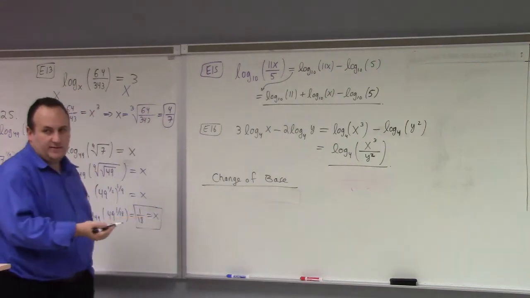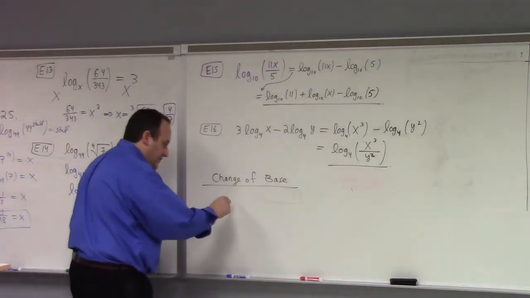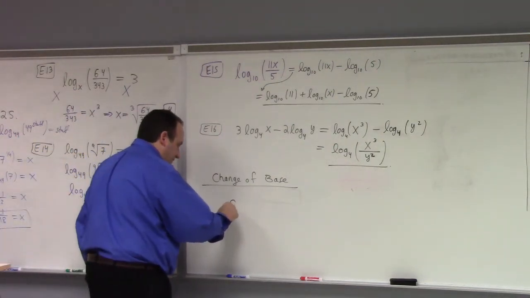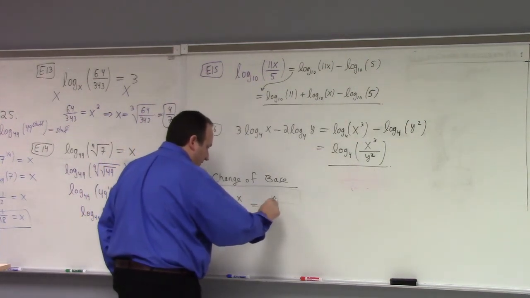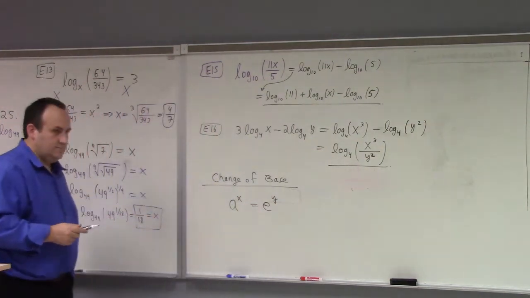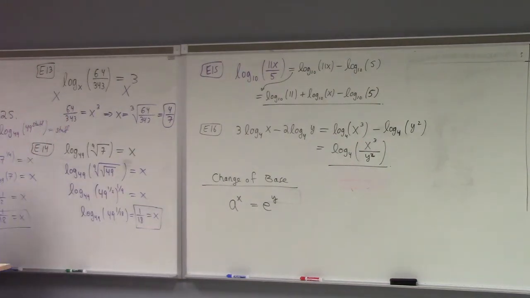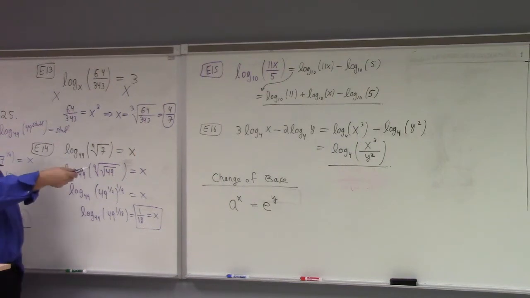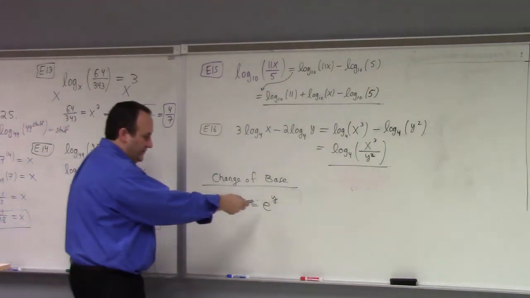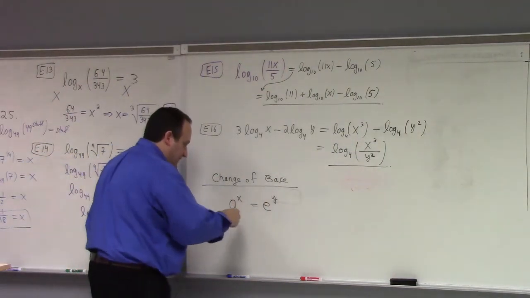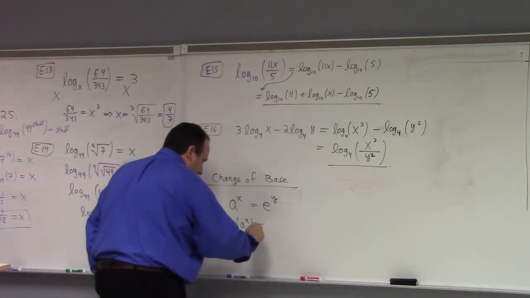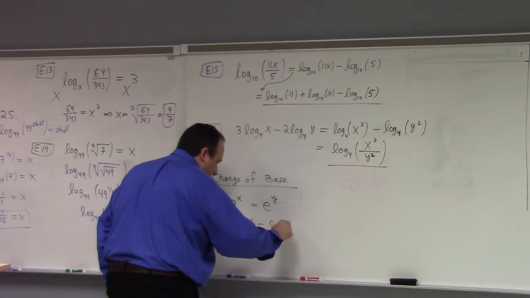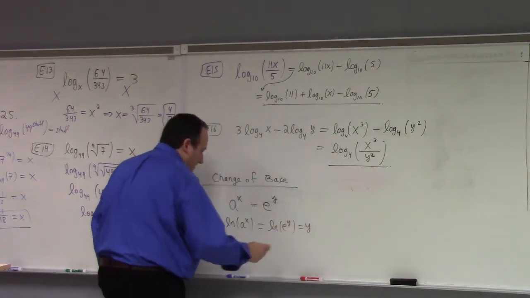We can take a to the power x, and we can write it as e to the power y for what choice of y. If you want to rewrite a to something as e to something, how would you do it? Well, let me just solve it. I'm going to try to find out what y is in terms of x. I take the natural log of both sides. Natural log of e to the y, well, that's just y again, right?